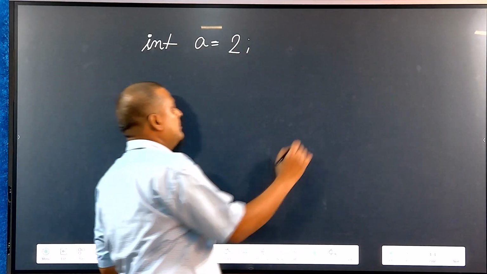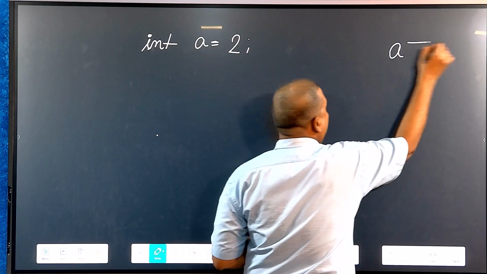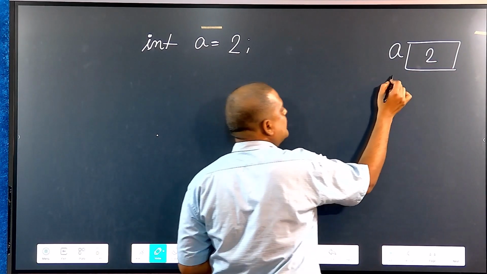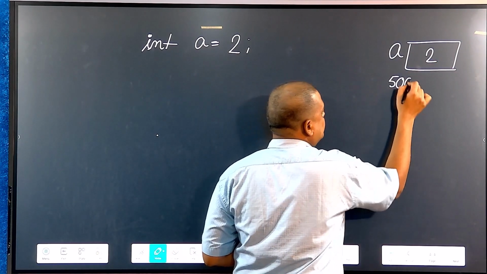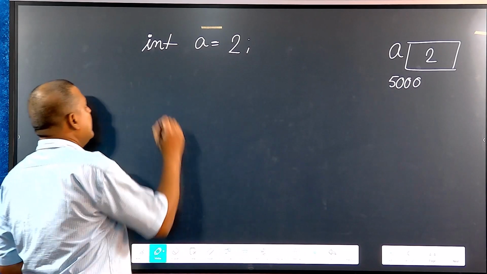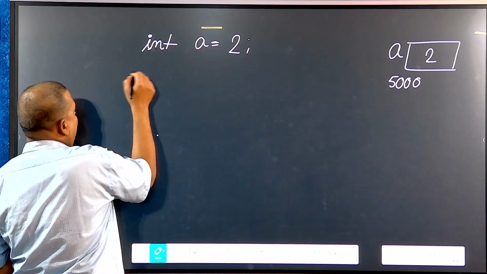Inside a there is a value that is 2, assuming the base address of this location is 5000. Now I have another variable, int pointer b.